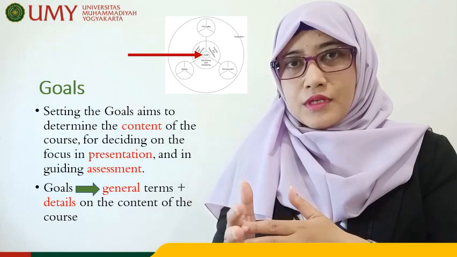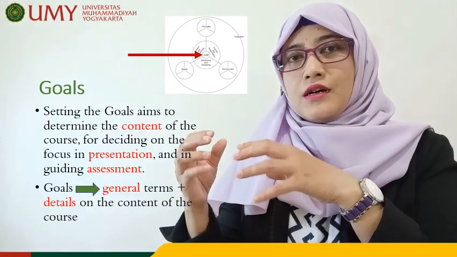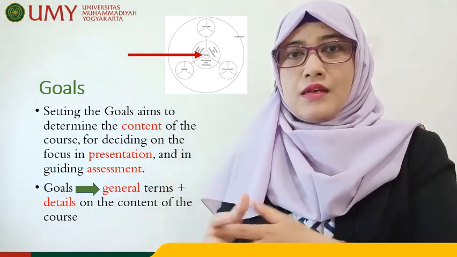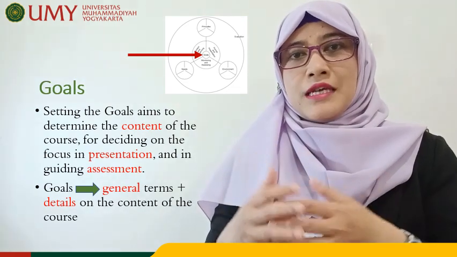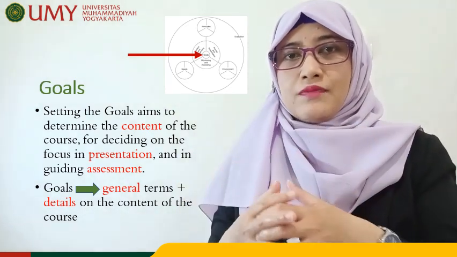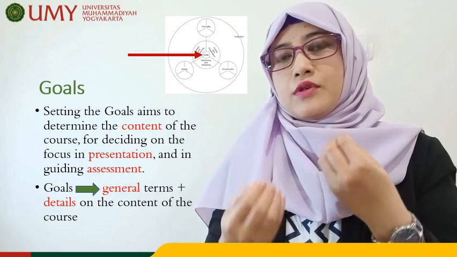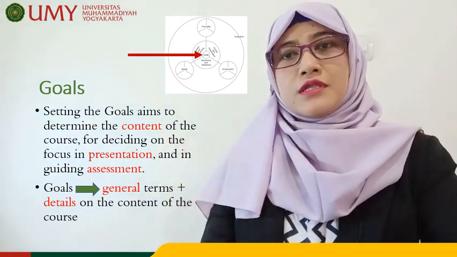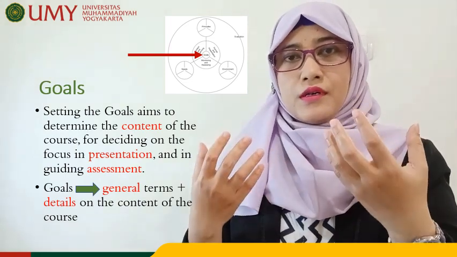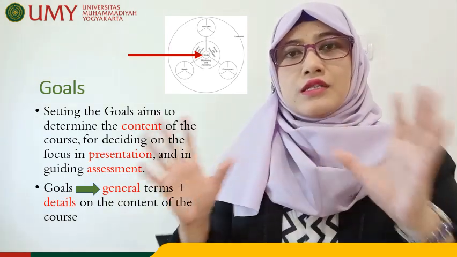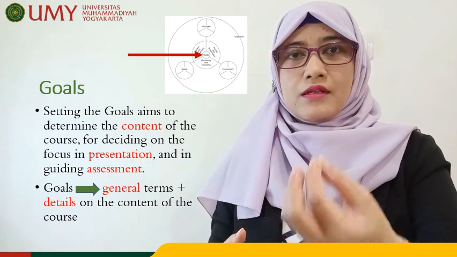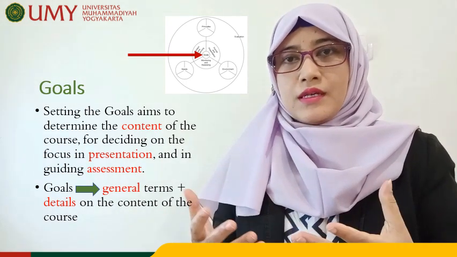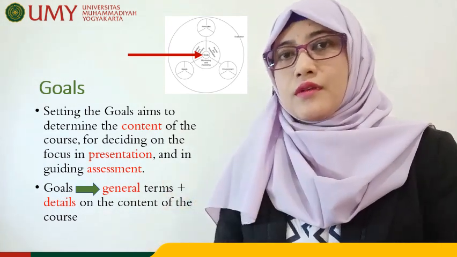So, for example, the students can communicate for daily activities. You need to be more detailed about what kind of daily activities. For example, the students are able to communicate in the form of introducing themselves, giving directions, describing things, asking the price of something, and so on and so forth.